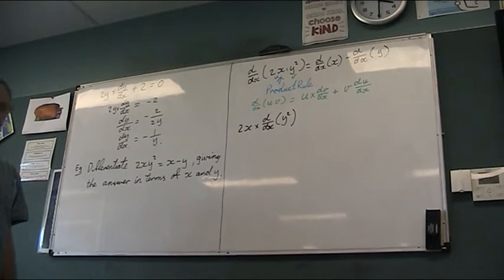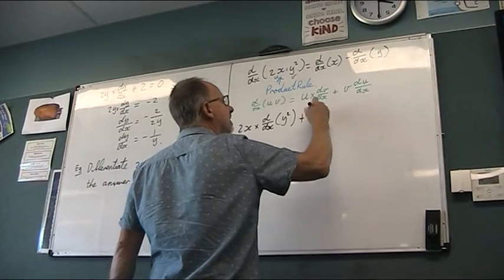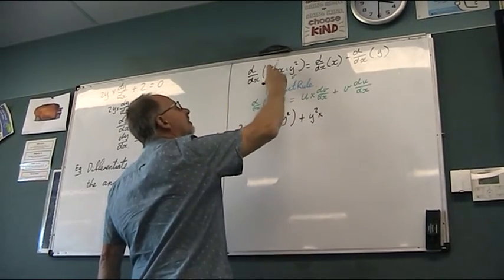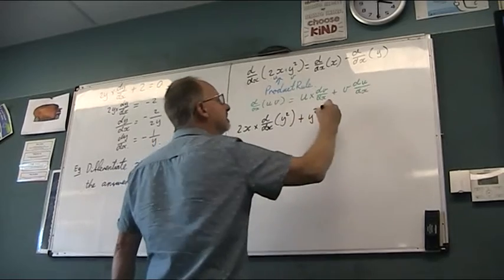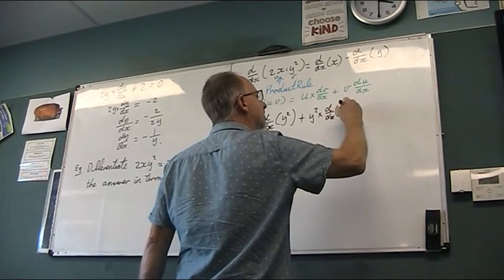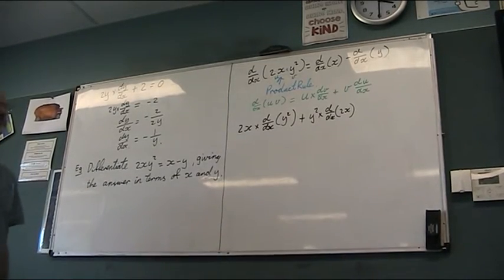Plus v, and v is y squared, times the derivative of u, the derivative of 2x. I'll just write it down without doing it at the moment. All right, that's that side, yes?